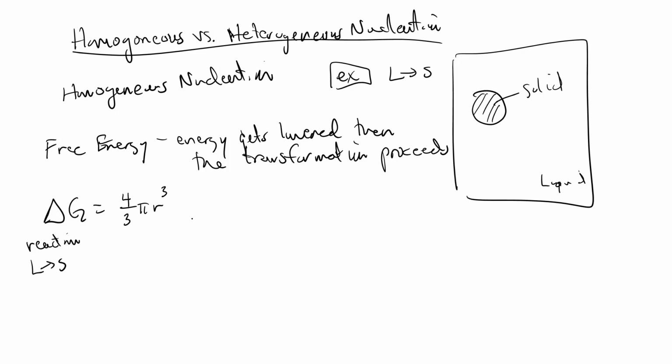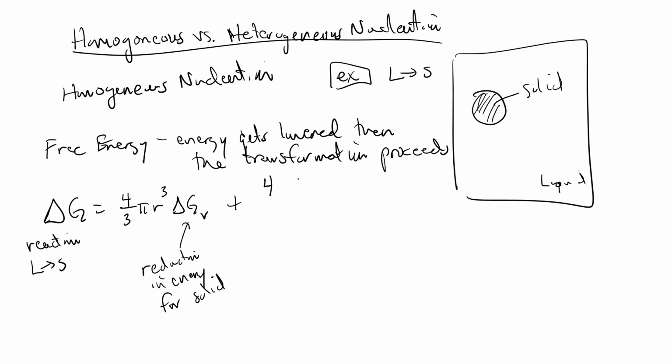That's the volume of that solid times the change in free energy getting a solid of this volume. So what we can write down here, this is reduction in energy for the solid.